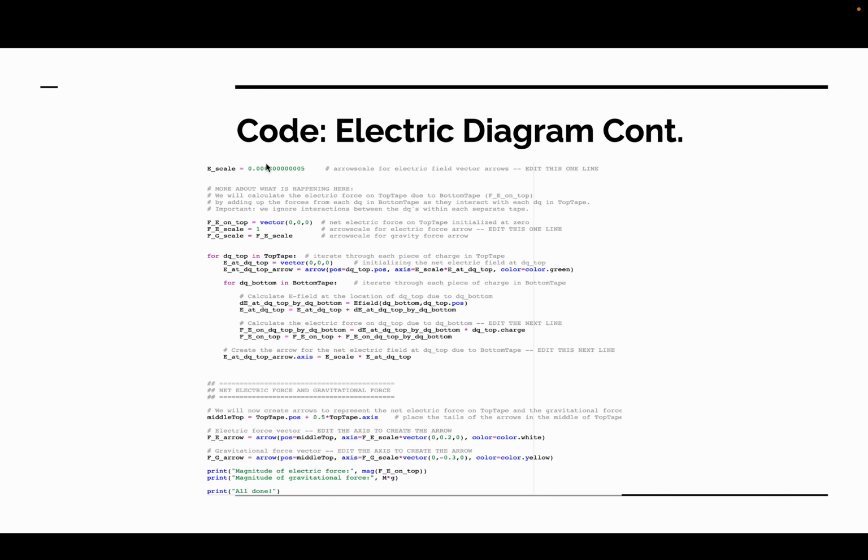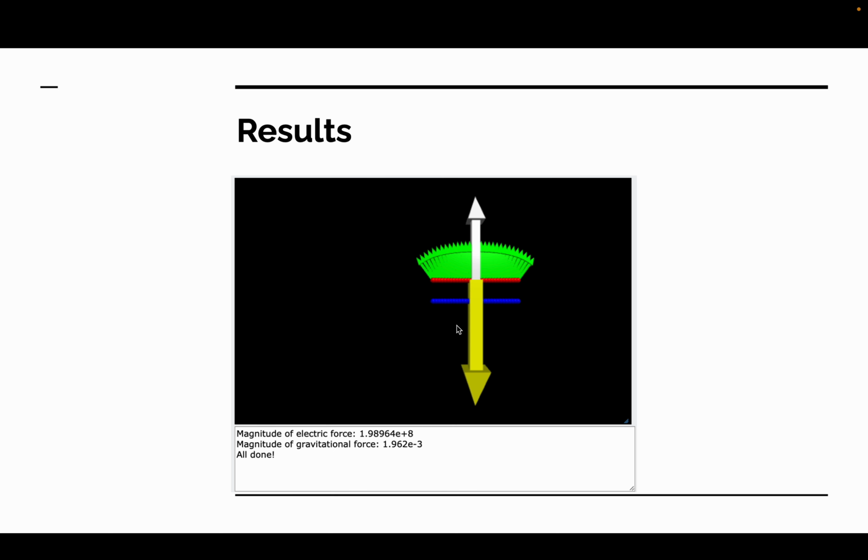And down here we get into the nitty-gritty where it's going through each infinitesimally small dq and calculating the electric force for each one, and then it adds them all up to make one big electric force vector, which will oppose the force of gravity vector, which can be seen here.